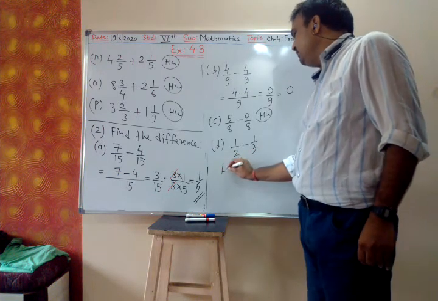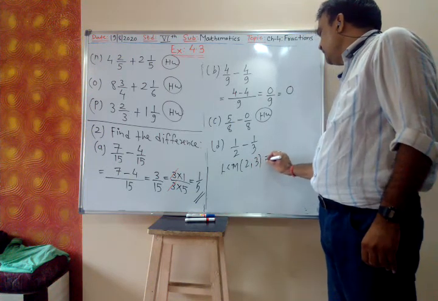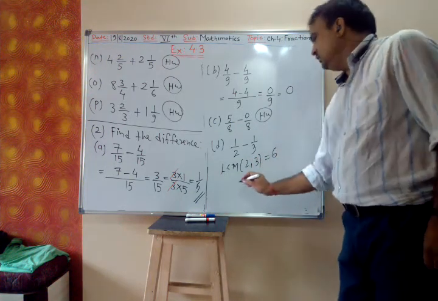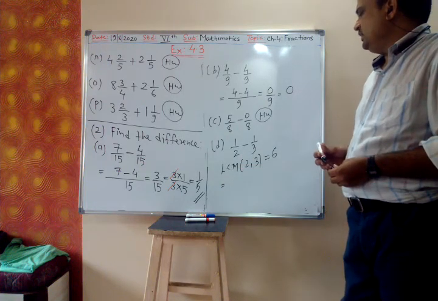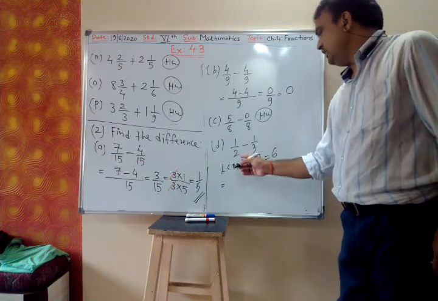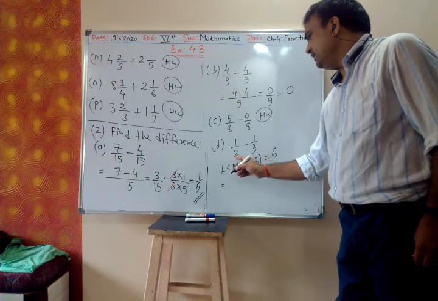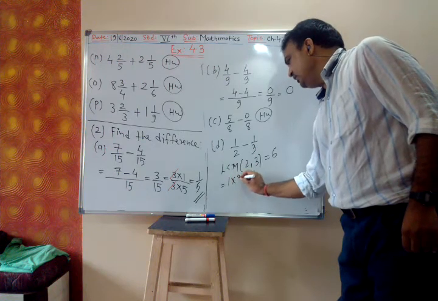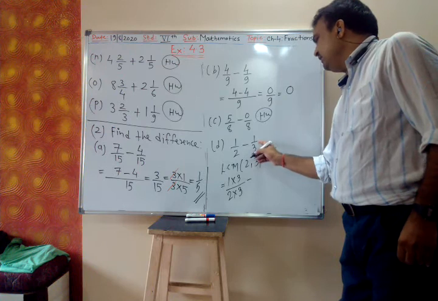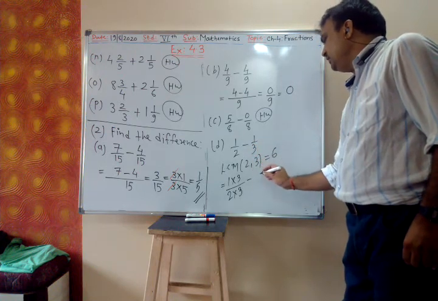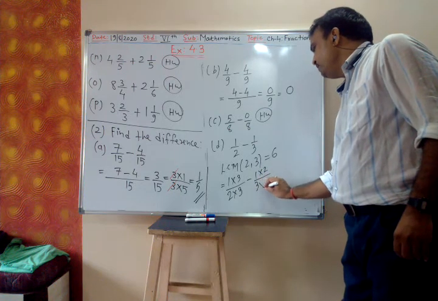So I will take the LCM of the denominators. LCM of 2 and 3 is 6. So we convert into denominator 6. I will multiply the first by 3: 1 into 3 upon 2 into 3, minus, I will multiply this by 2 because we want denominator 6: 1 into 2 upon 3 into 2.